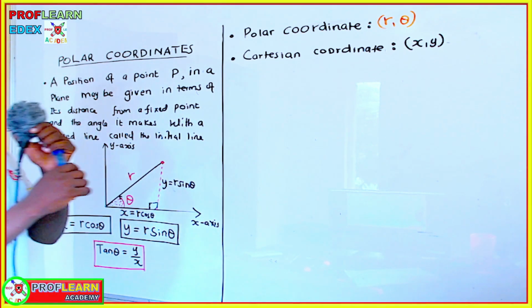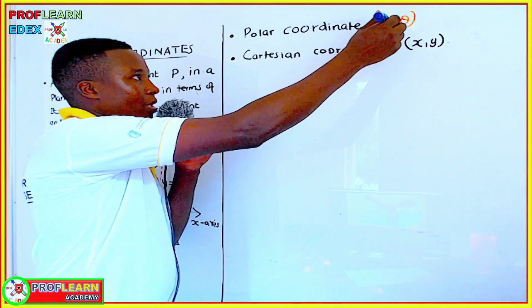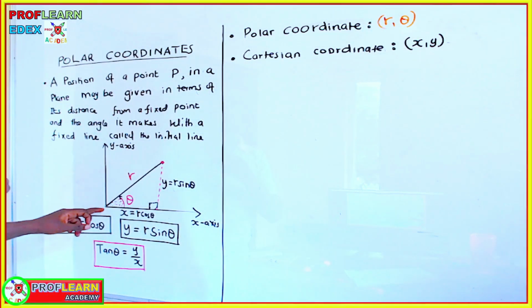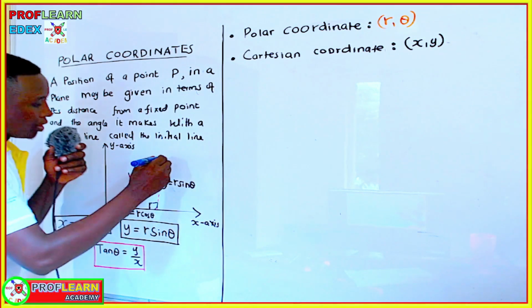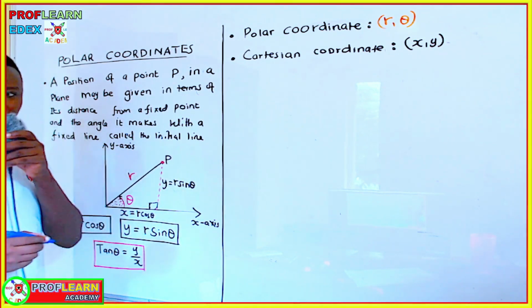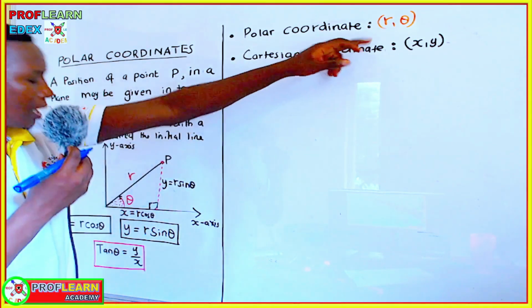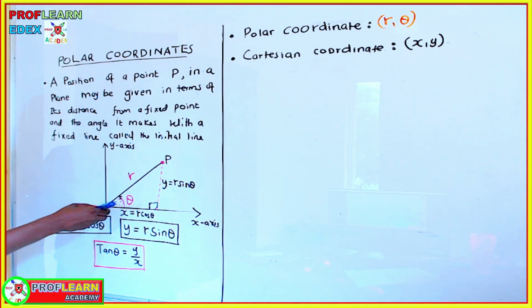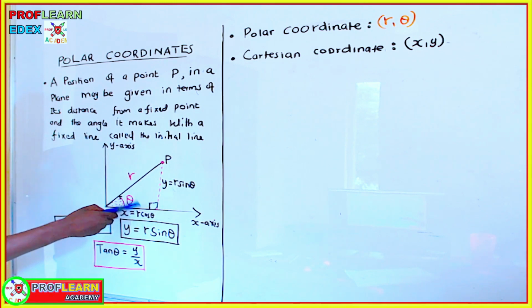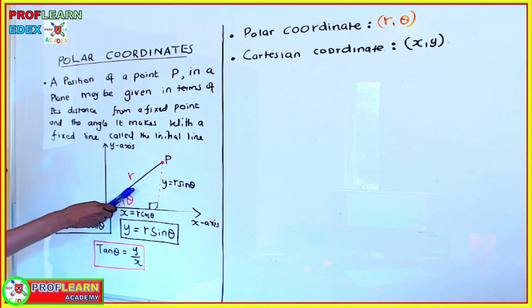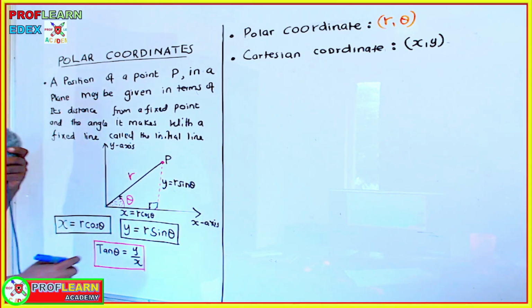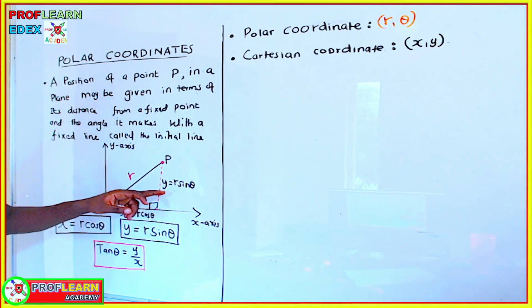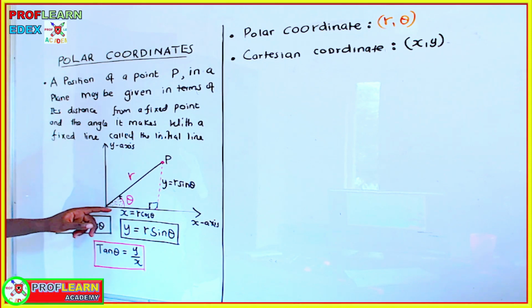So polar coordinates are given in that form, where r is the distance from this point to where that point P is, and theta is the angle this point makes with the fixed line, which is the x-axis. From this one, using SOHCAHTOA, we can see that this side is opposite, this side is adjacent.